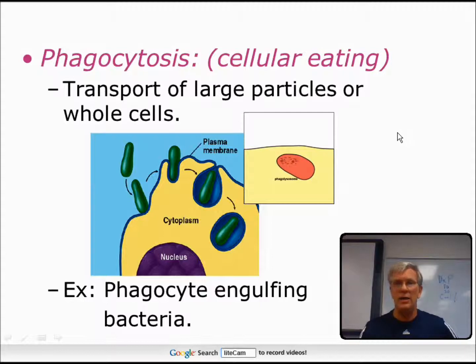And this is how they engulf bacteria, for instance. They bring the bacteria into the cell, and then a lysosome will come and attach to this particle, this bacteria, and the lysosome has digestive enzymes and it will destroy the bacteria. All right, phagocytosis or cellular eating.